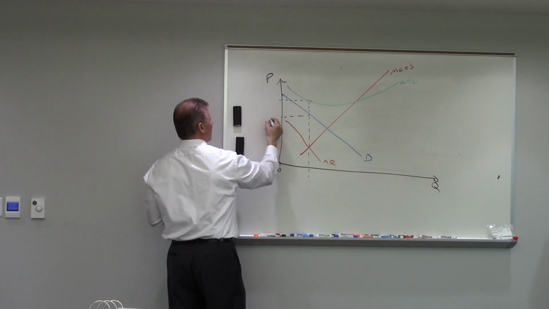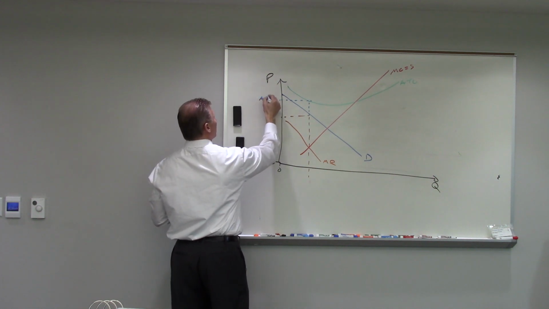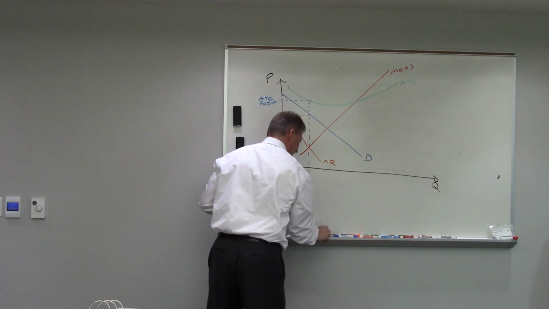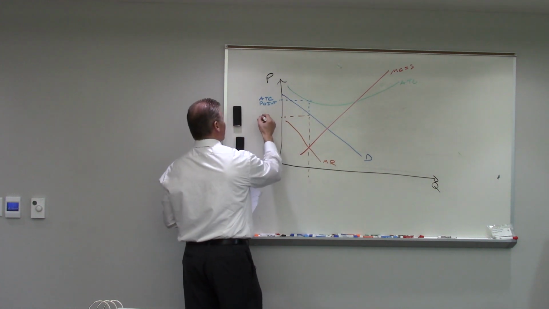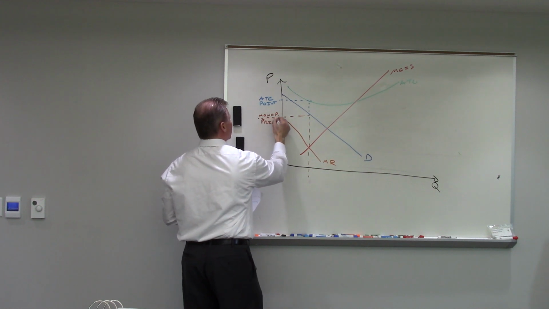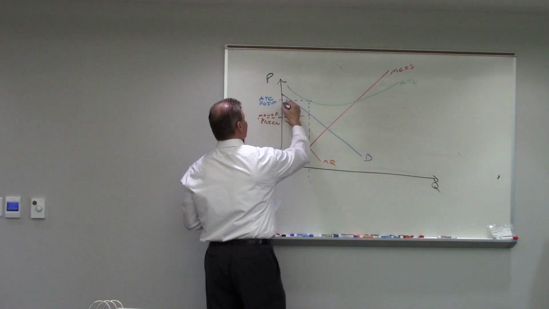Now, I'm going to call this the ATC point. All right, and a little light brown here. Make this a little more pronounced. Call this a loss zone.